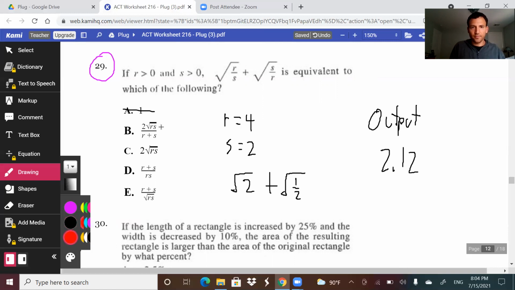And let's take a look. The square root of 8 times 2 gets us about 5.65.